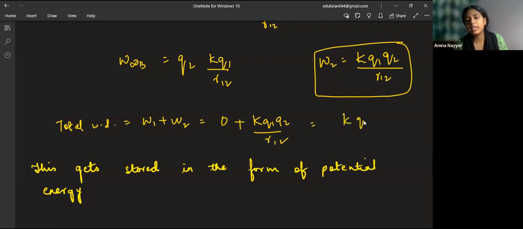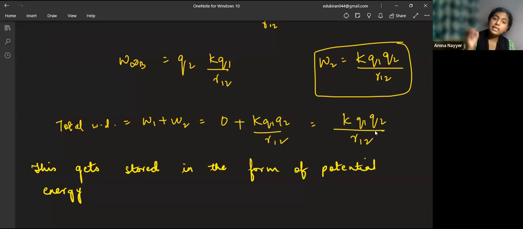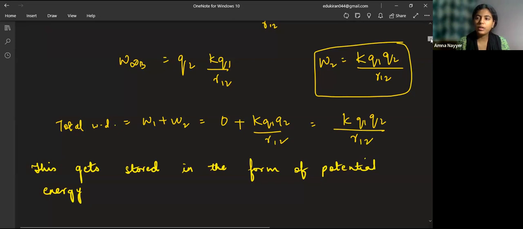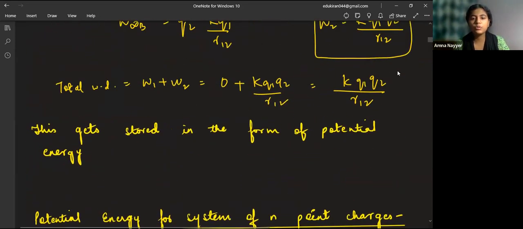This total work done of your system gets stored in the form of potential energy. So your potential energy for the system will be exactly the entire work done, K Q1 Q2 by R.